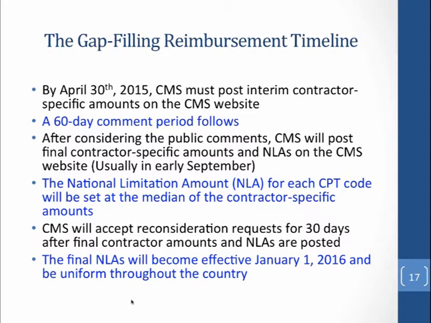After that posting, there's a 60-day comment period where the public's free to comment on the appropriateness of some of these payments. After the CMS looks at the comments, usually in early September, they will then publish a final payment schedule, and it is based on the median of the different contractor amounts for each code, not the average, but the median.